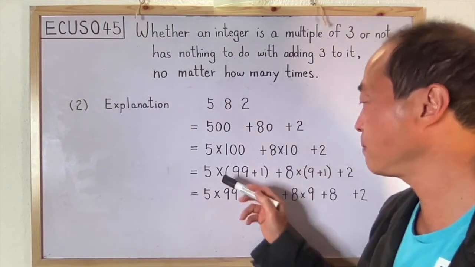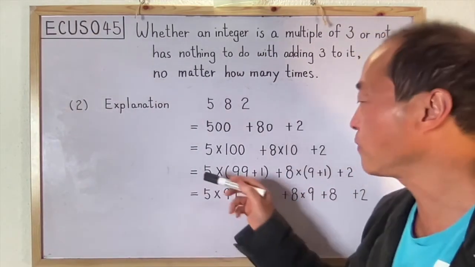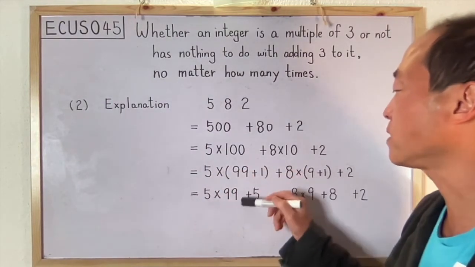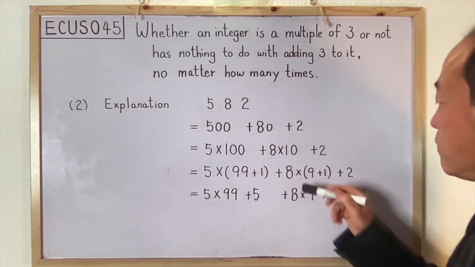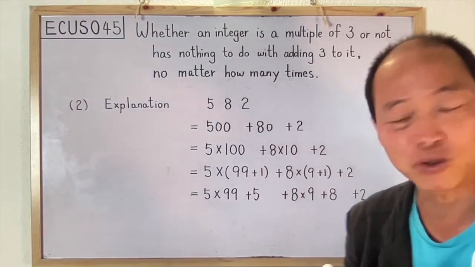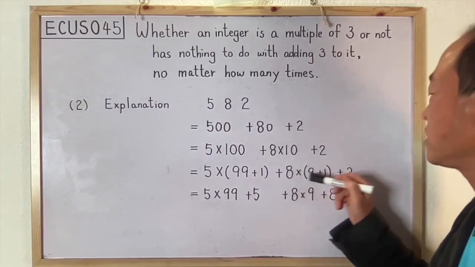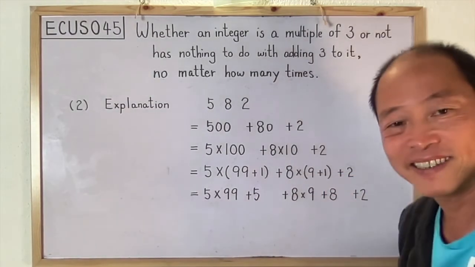To remove this pair of brackets, we have to do 5 times 99 plus 5 times 1, that is 5. To remove this pair of brackets, we have to do 8 times 9 plus 8 times 1, that is 8.